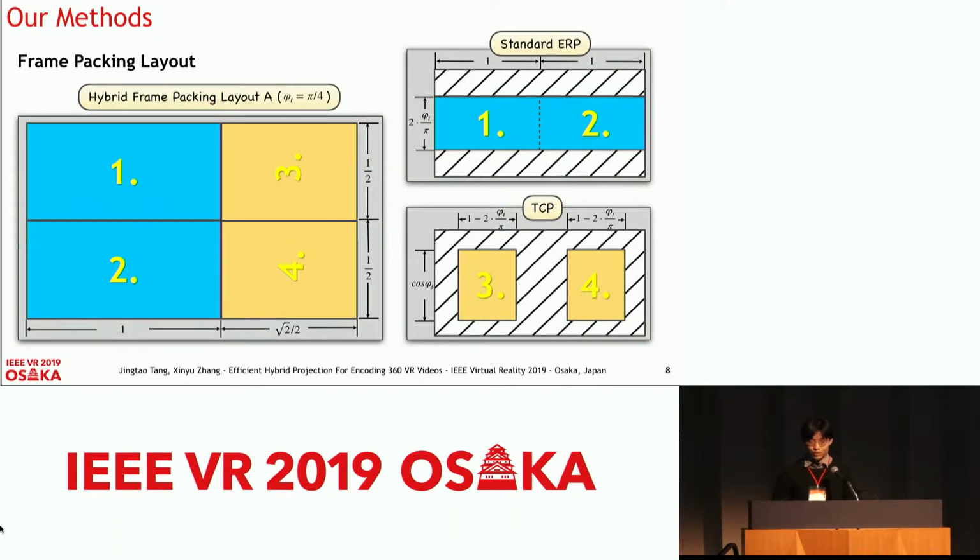After determining the latitude threshold, we designed 3 frame packing layouts for the hybrid projection. Here, we demonstrate them with an abstract scene. The first layout on the left is designed for 1/4 of pi, which consists of part 1 and part 2 from ERP in the right top figure, and part 3 and part 4 from the right bottom figure.